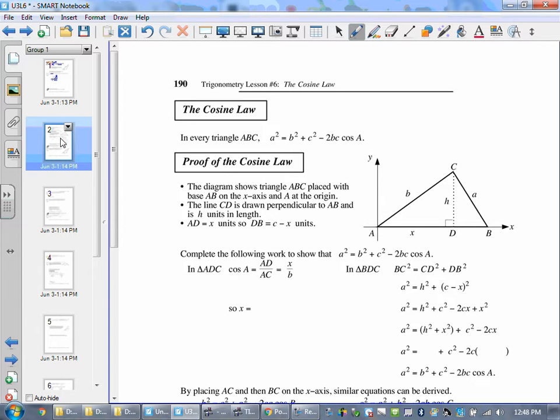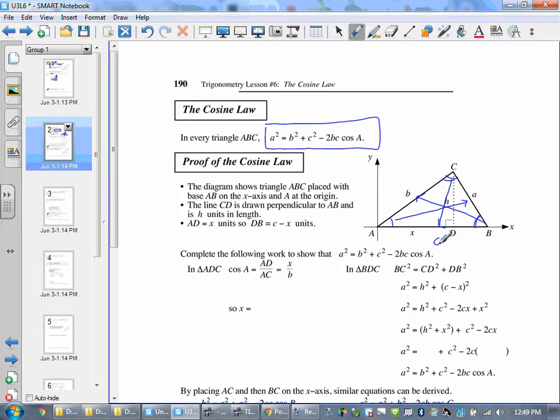So there's two forms of cosine law. There is this form. And we label the sides of our triangle the same way that we were doing yesterday. So right across from angle A would be side A. Right across from angle B is side B. And across from angle C is side C. So same way we label our triangle.